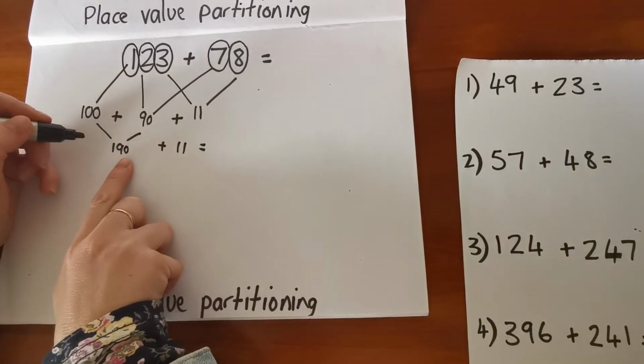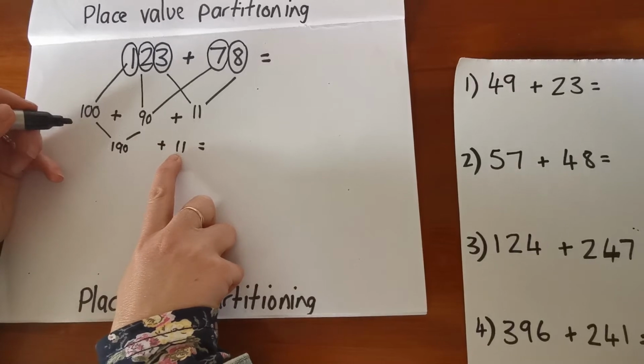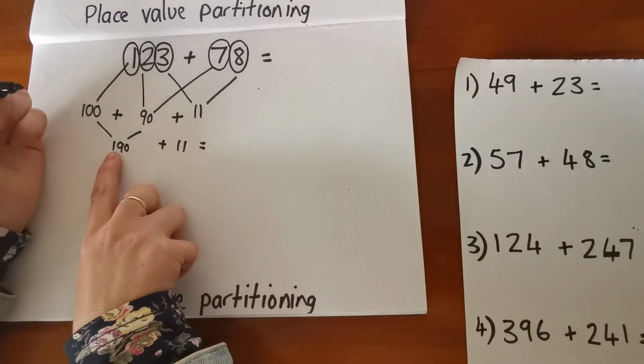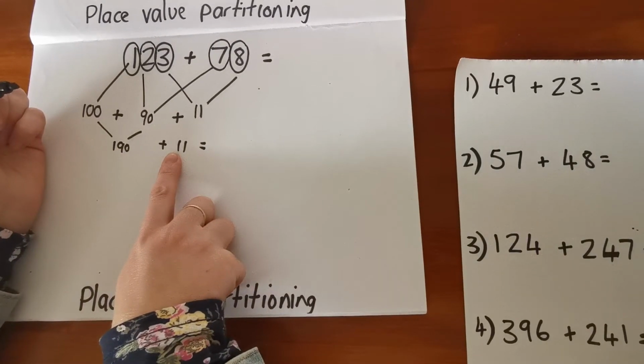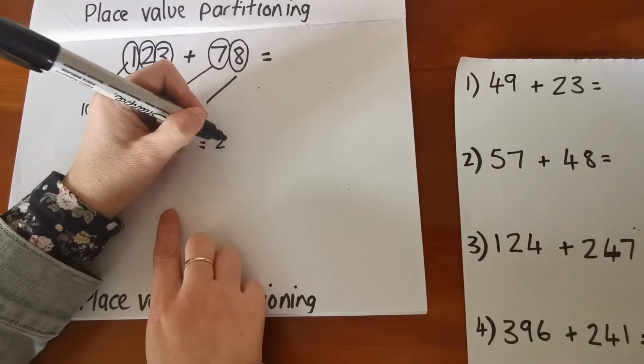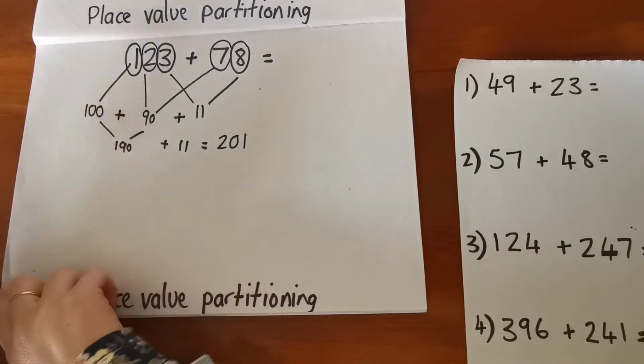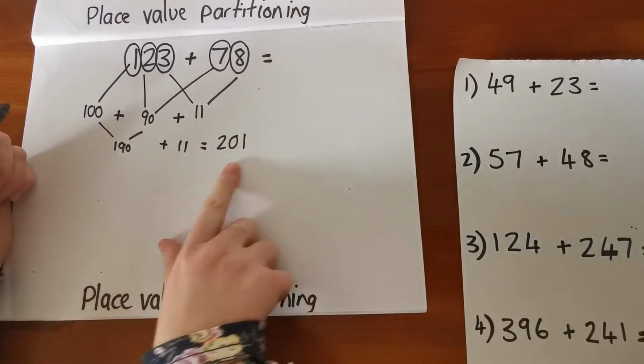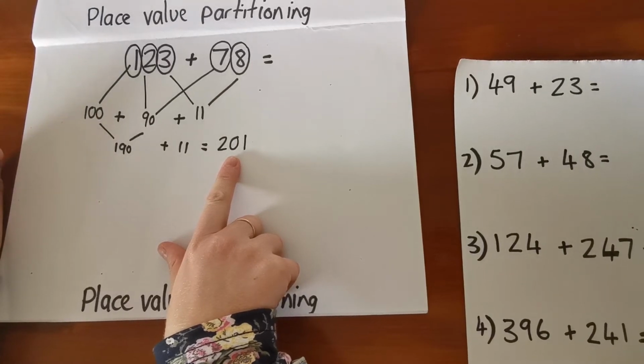We could go 190 plus 10, which is 200, and then we can add the 1. So 190 plus 10 is 200, plus 1 is 201. 123 plus 78 equals 201.